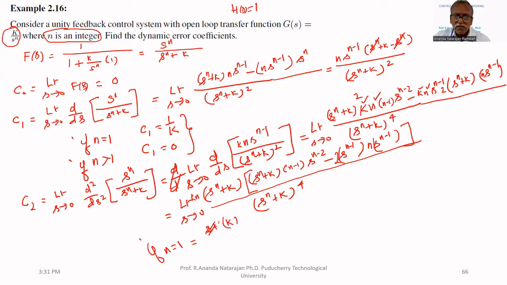Here k square you will get, and here s equal to 0 so another k you will get.